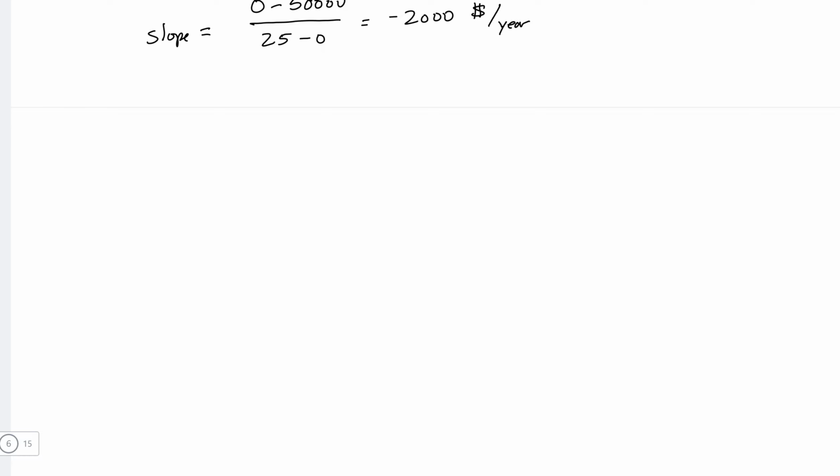So we also have the point: 50,000 can be used as a point on the line. It also happens to be the intercept, but it doesn't so much matter.